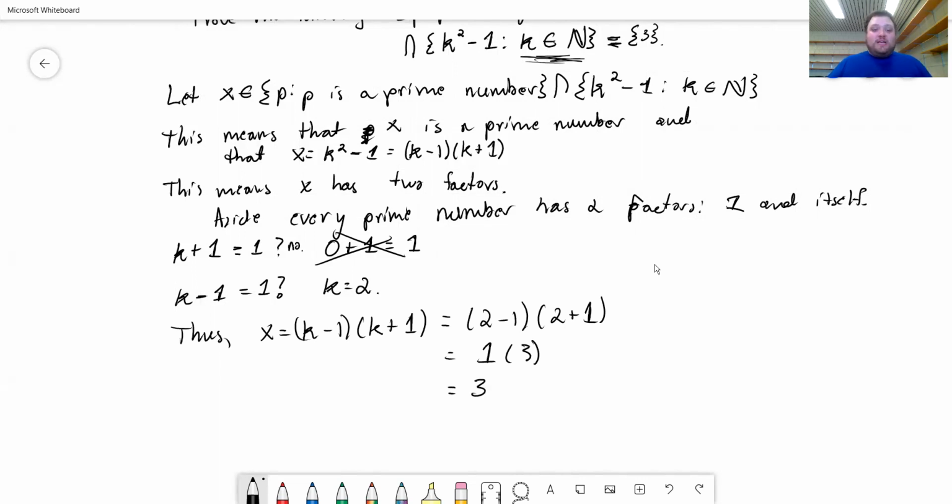What we've just shown is that x has to equal 3. It's the only possible option, because the only possible option for k is 2. So this is the only element.